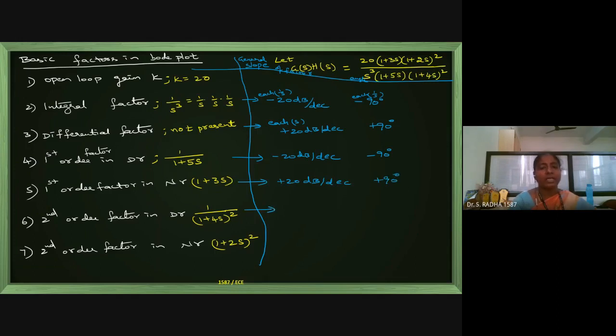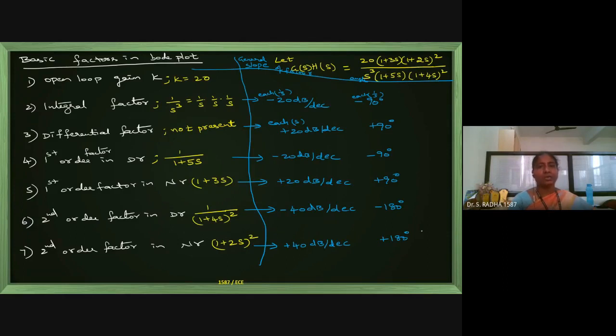Second order factor in denominator, minus 20 minus 20, will give minus 40 dB per decade slope and minus 90 minus 90, which is minus 180 degree phase angle. Second order factor in numerator, plus 20 plus 20, will become plus 40 dB per decade slope, and plus 90 plus 90 will become plus 180 degree phase angle.